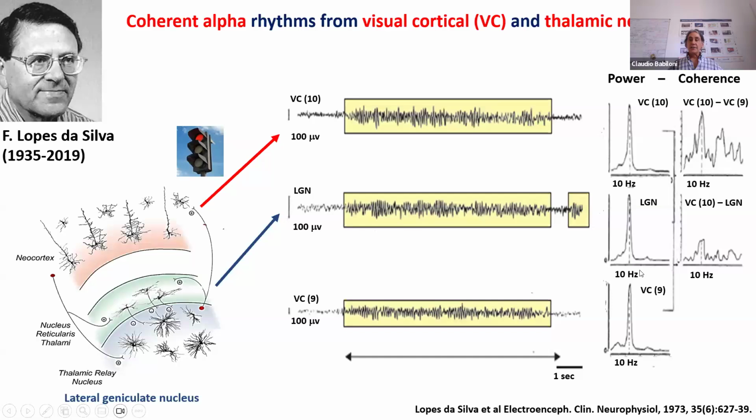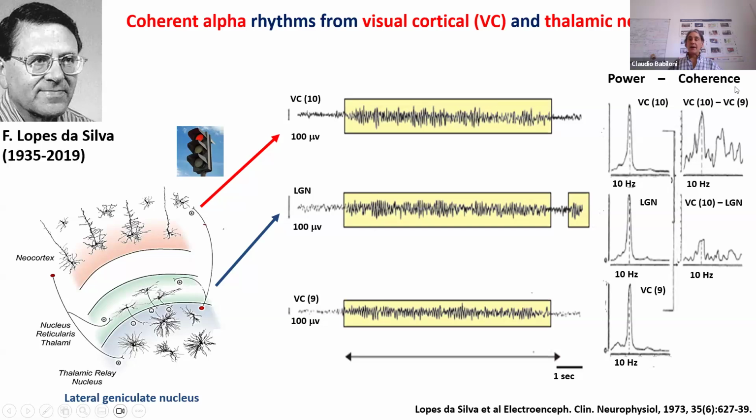From the lateral geniculate nucleus, you see again a dominant power density peak at 10 Hz, like the visual cortex electrode 10. And the same is true for electrode 9 of visual cortex. Again, a dominant power density peak in the power density spectrum at 10 Hz.